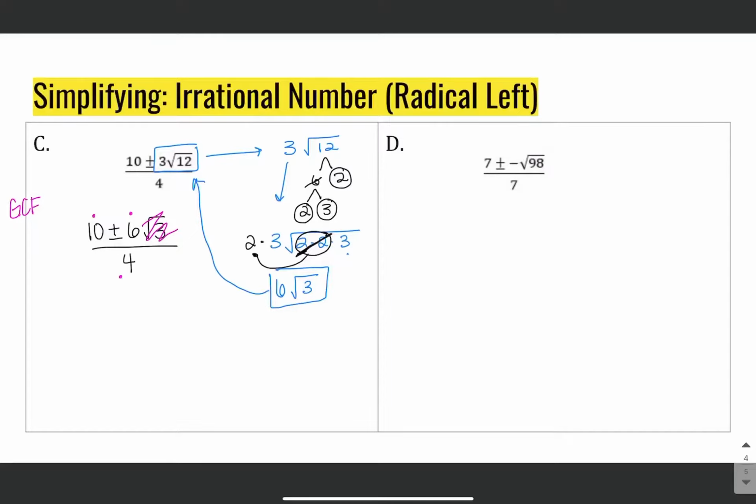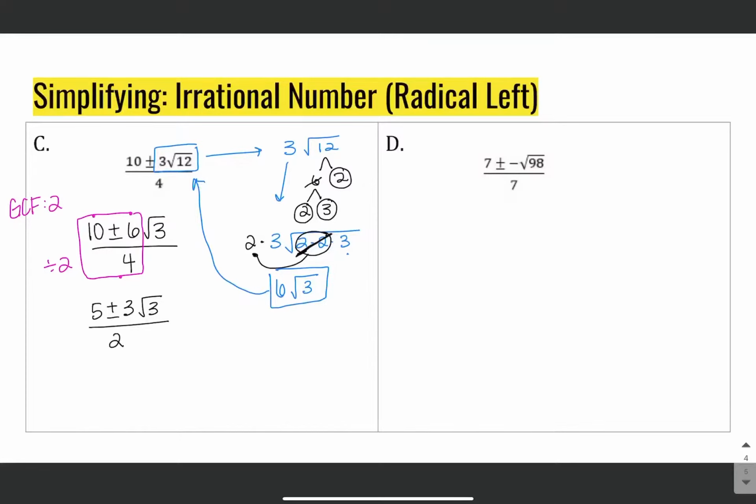We can't just get rid of the radical, but we're just ignoring it for the moment. I'm just looking at these 3 numbers, and I'm trying to figure out what is in common between all those 3. How are they divisible? So the GCF here would be a 2, which means I can divide them all by 2. So 10 divided by 2 is 5, plus or minus 6 divided by 2 is 3. I still have a radical 3 here. Divided by 4 divided by 2 is 2.